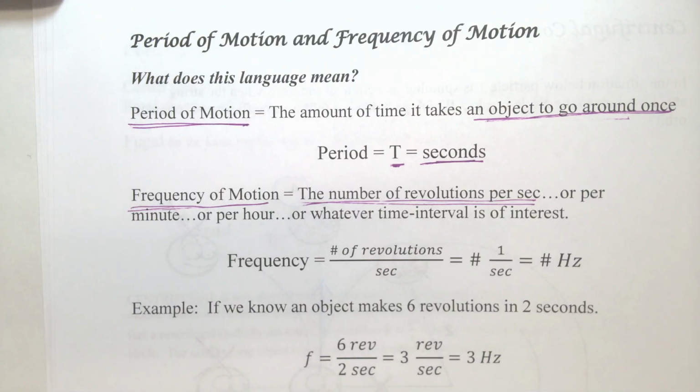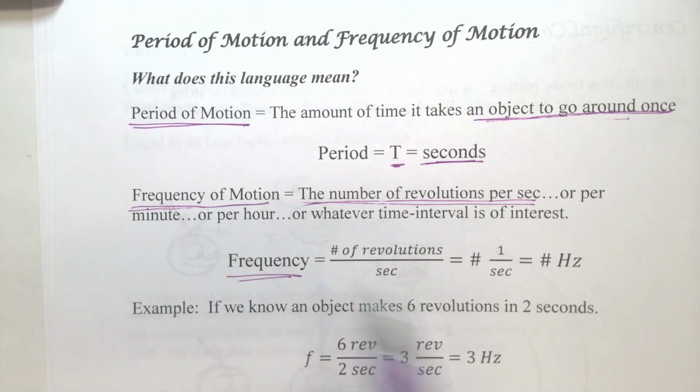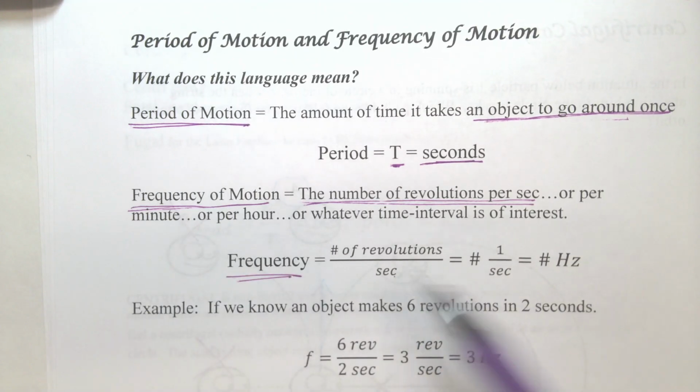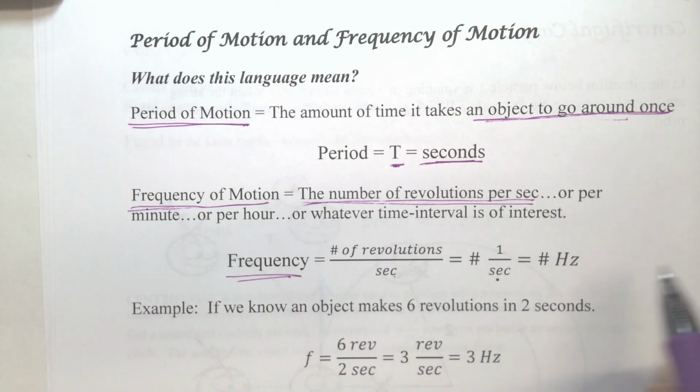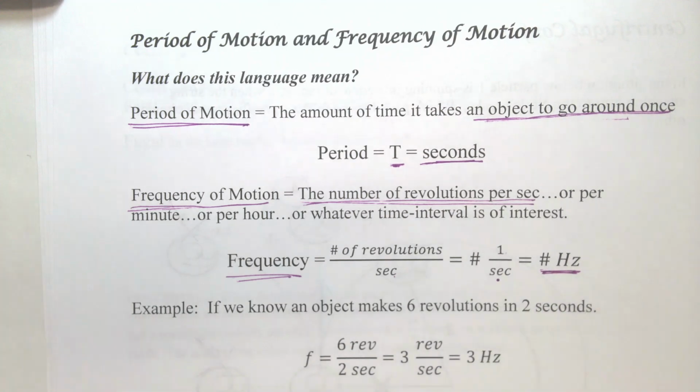It could be a fraction of a revolution. You could only turn maybe half a turn per second, then your frequency would be half a revolution per second, or half per second. So frequency represents the number of revolutions per second, or simply hertz.